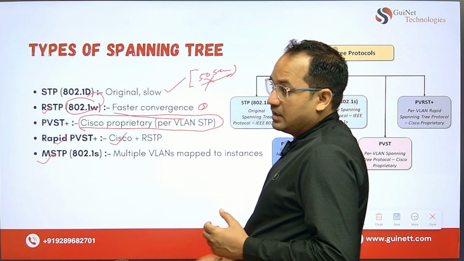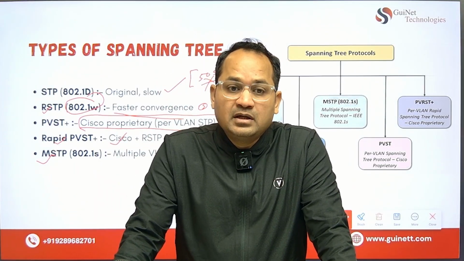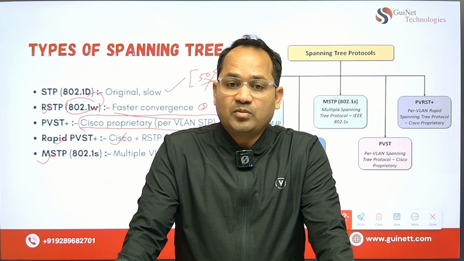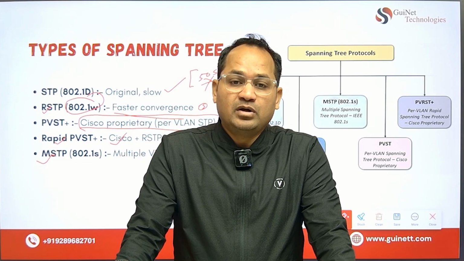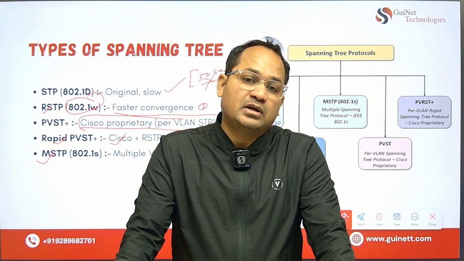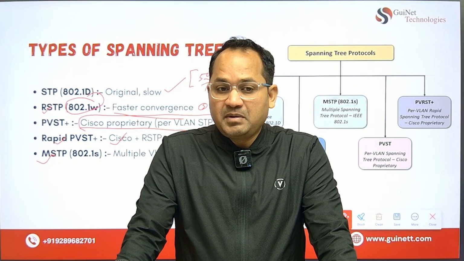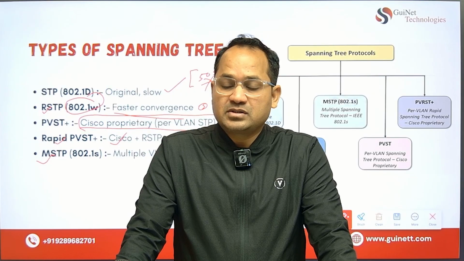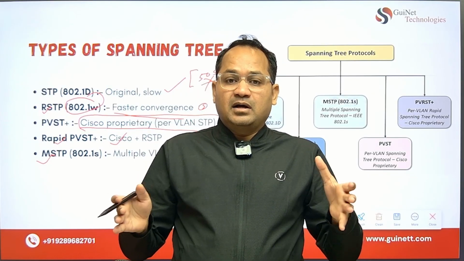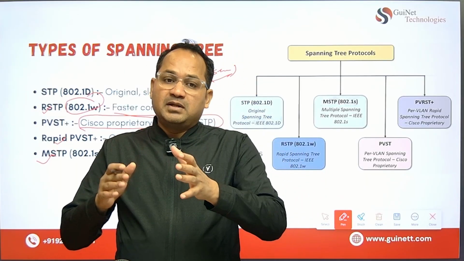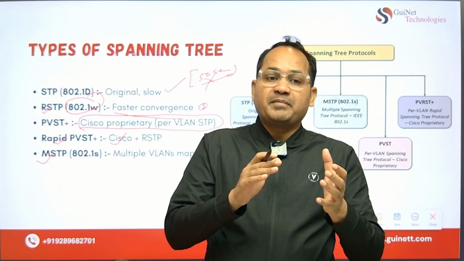So let me summarize. STP is the older version, RSTP is the faster, latest version, but these are open standards. You can run them on any switches. PVST is the older Cisco version where you can run per-VLAN spanning tree. If you run Rapid PVST, it is Cisco's much faster PVST protocol for per VLAN. With MSTP, if you have 100 VLANs, you can run 50 VLANs in one group instance and another 50 VLANs in another group instance.